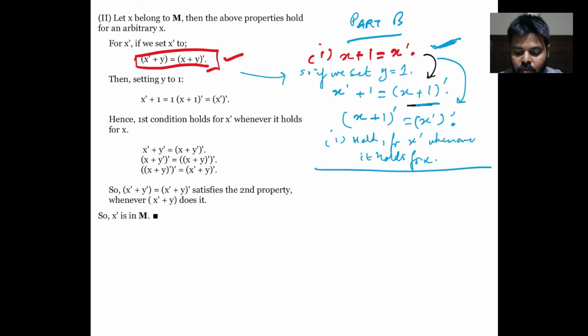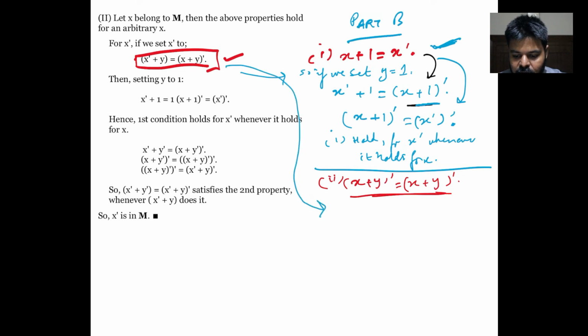Now let's see if the second property exists also. What was our second property? Our second property was 2, x plus y whole prime. So to prove this, what we can do is expand this and set y here. Let's set y to y prime, and we can write this expression as such.